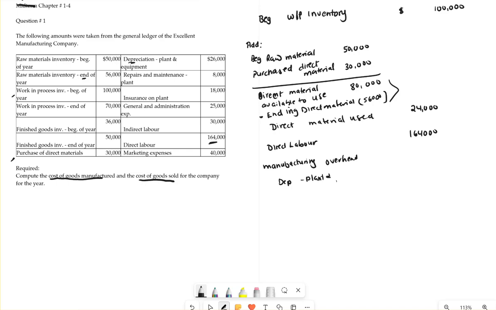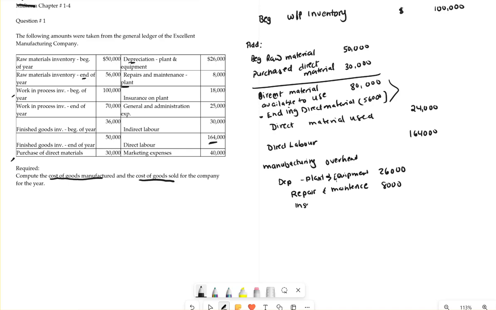Anything that is not directly related to the product, but indirectly. We have repair and maintenance for the plant, 8,000.